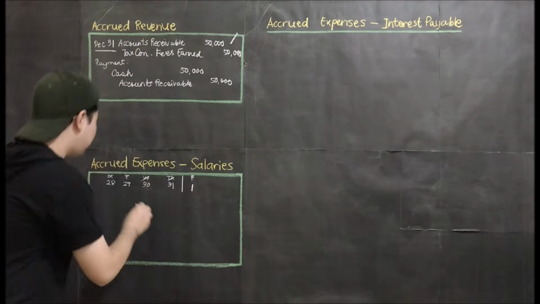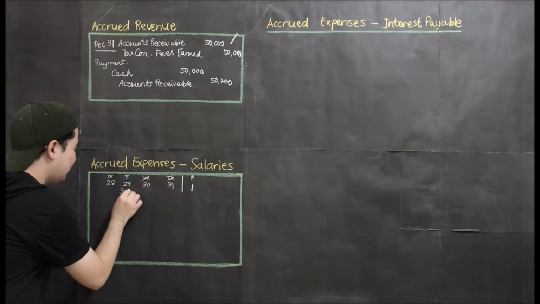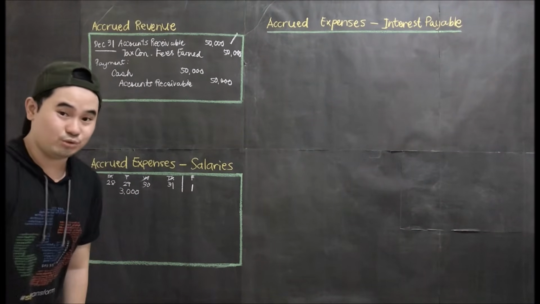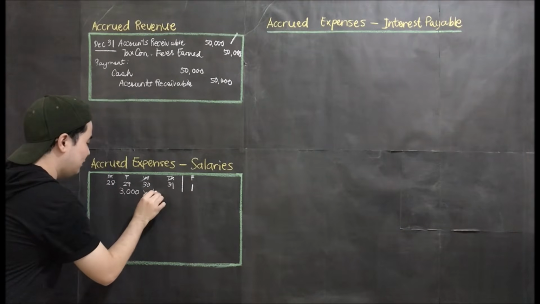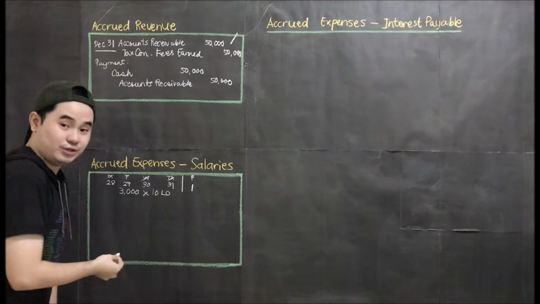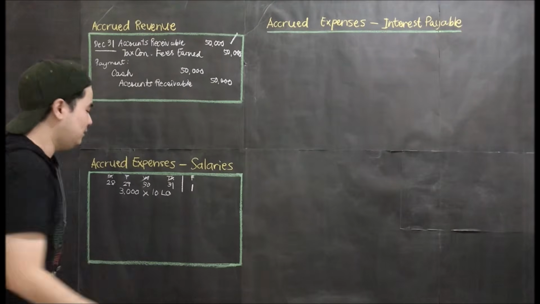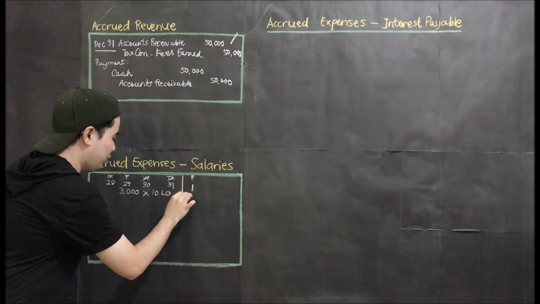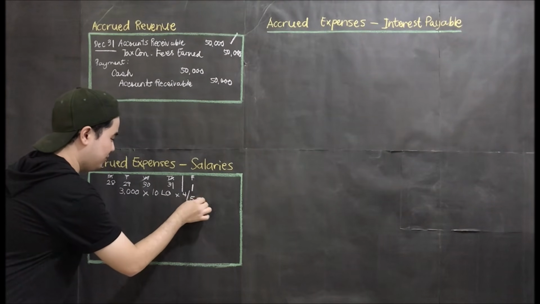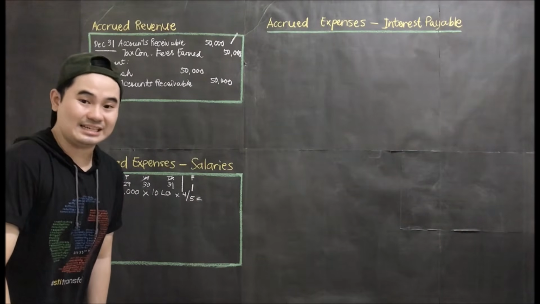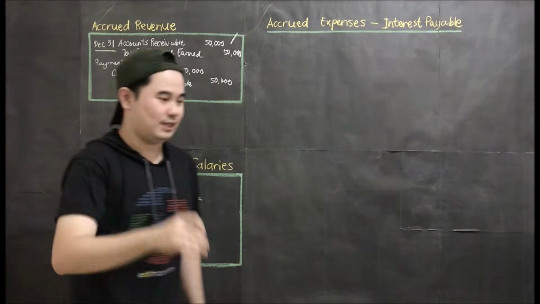So, ganito. 3,000 pesos per liaison officer times 10 liaison officers is 30,000 times 4 over 5. Yan po ang salaries na related sa 2020.